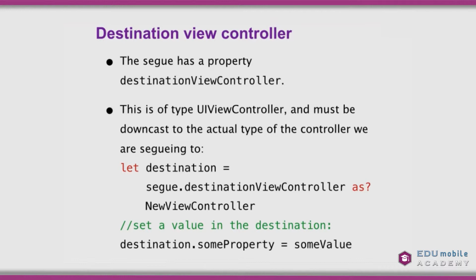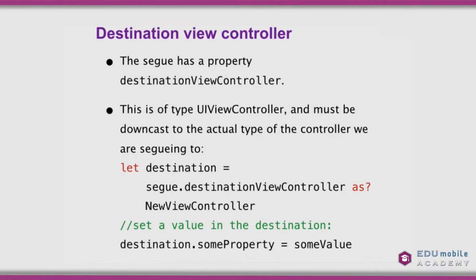So this is fairly simple. We let, in this case, destination, or whatever we want to call that object, equal segue.destinationViewController as?. This is a downcast. We don't know if it will succeed. Usually it does, but let's be safe.